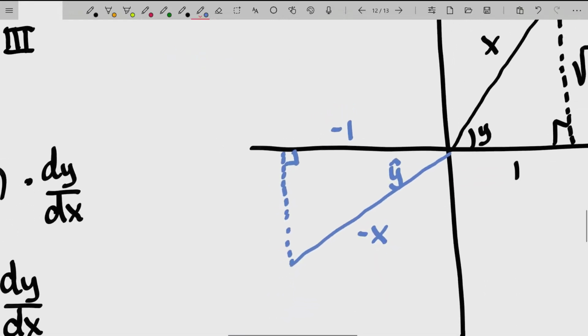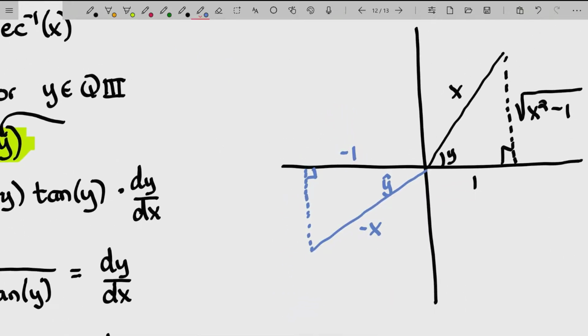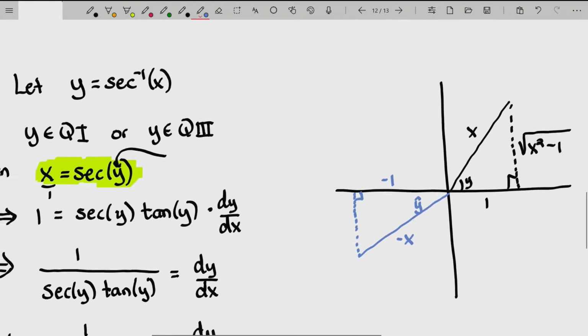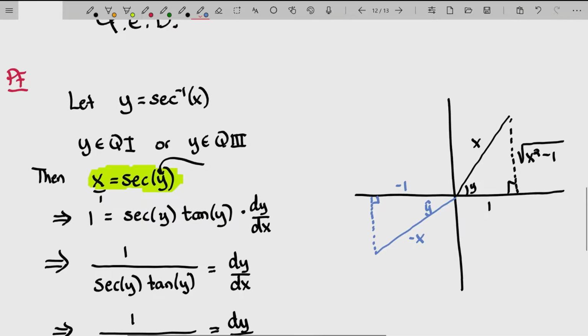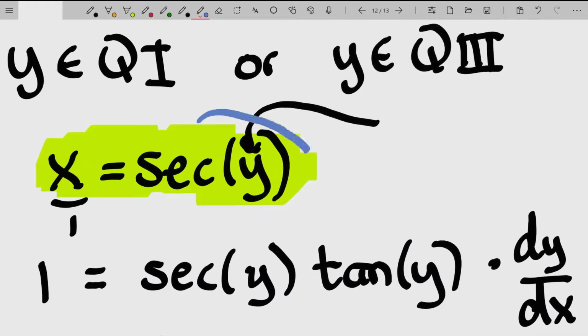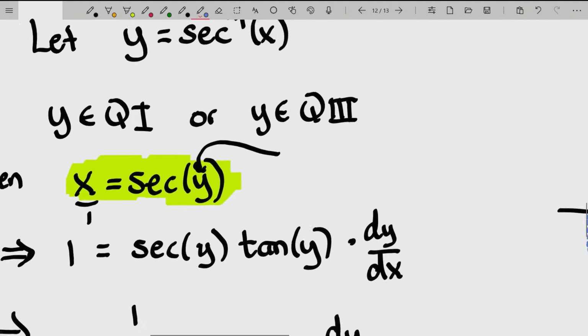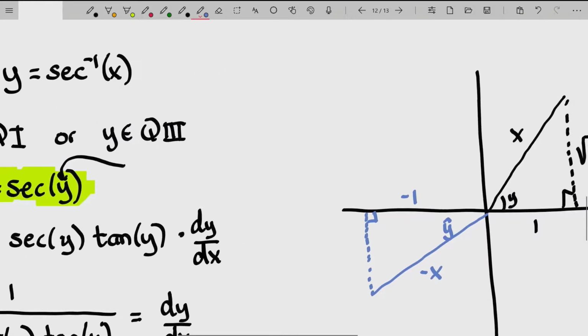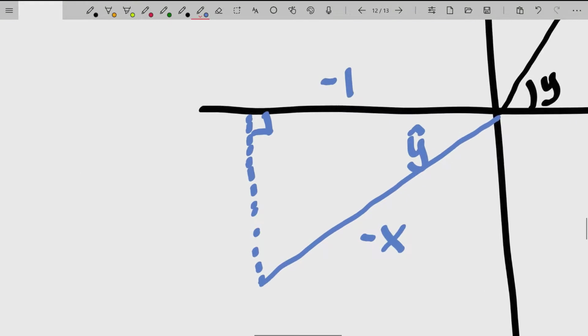Now, you should also be very aware. You should say, wait a second, but negative x is a hypotenuse length, and the hypotenuse can't be negative. Well, it's not, actually. You're in quadrant 3, and the secant in quadrant 3 is supposed to be a negative number. So x is actually a negative number. If x is a negative number, you had better put a minus sign in front of that x to make that hypotenuse positive.